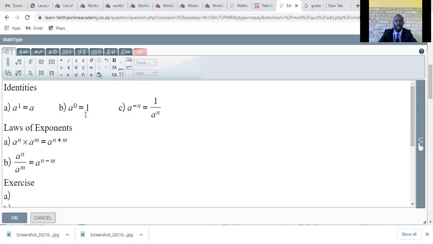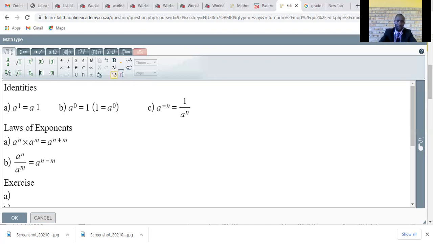Now the other thing here is the reverse also works. For example, there are times when we want to write the number 1, okay? In fact, let me put it inside the bracket. We can also write the number 1 as any number, which in this case is a, for example, with exponent 0.